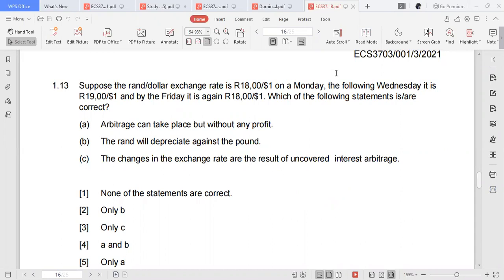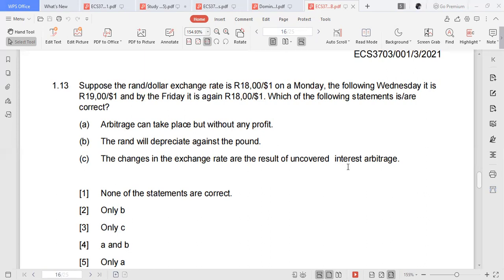This kind of statement is simply referring us to a speculator. A speculator buys it when it is cheaper and sells it when it is expensive. Do we have any option that is referring us to a speculator here? No. And it cannot be uncovered interest arbitrage.